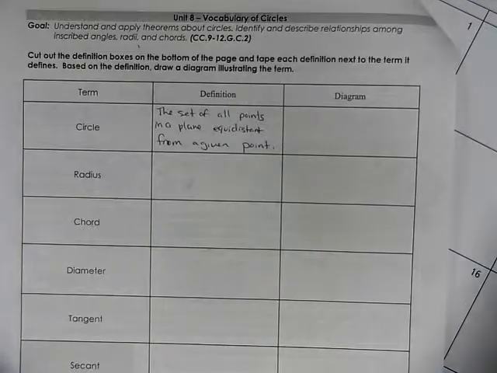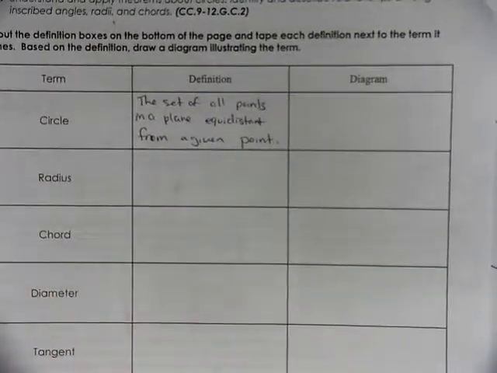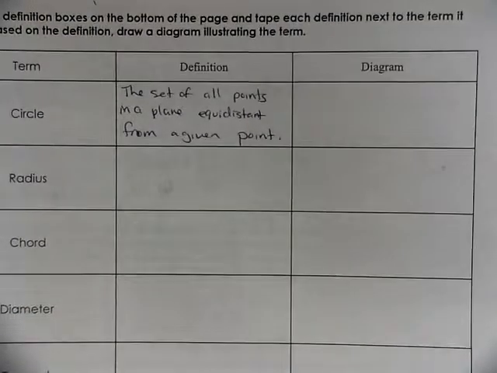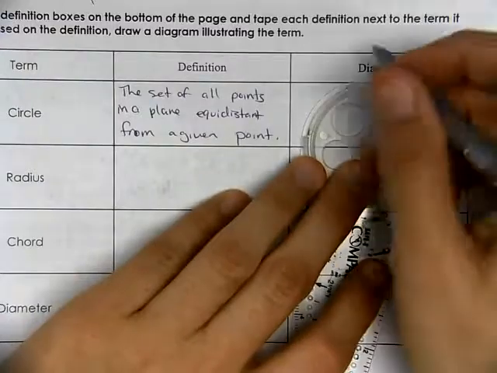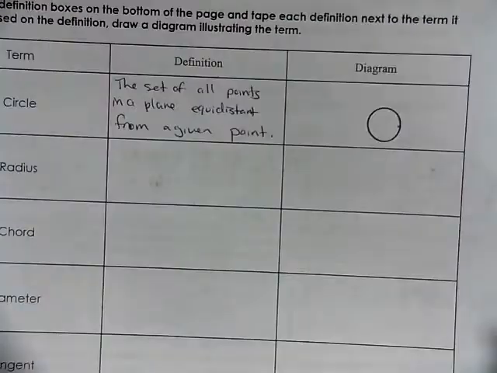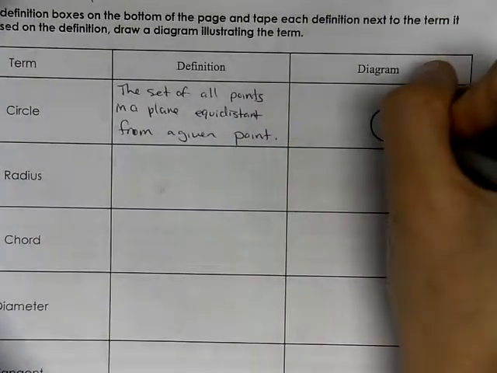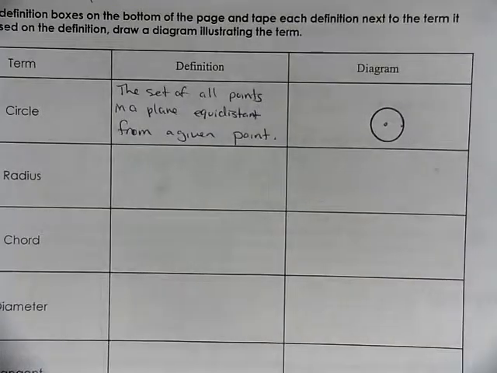And if you want, you can use your compass to draw yourself a diagram. Circle. So all the points are equidistant from a given point, that given point being the center.